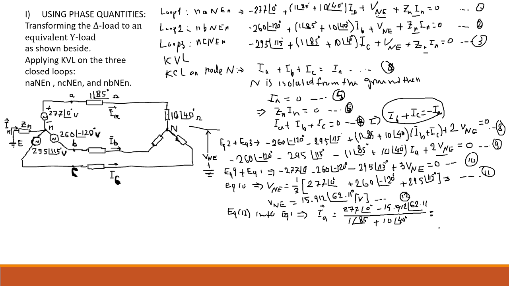IA is equal to 25.15 with an angle of minus 46.76 ampere. This is the current of phase A.